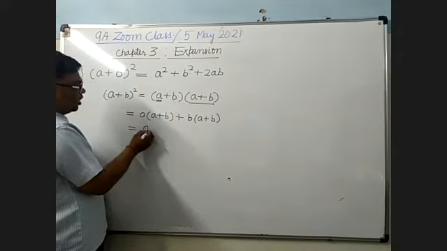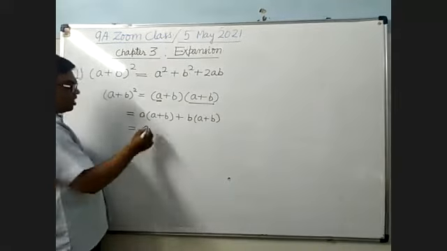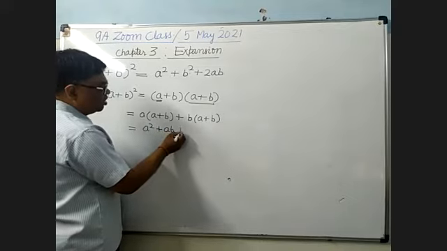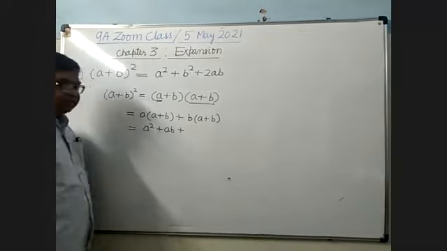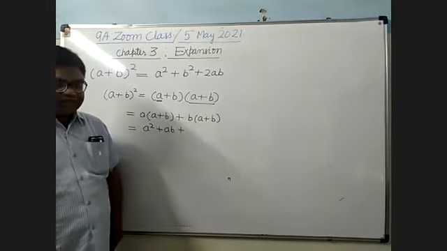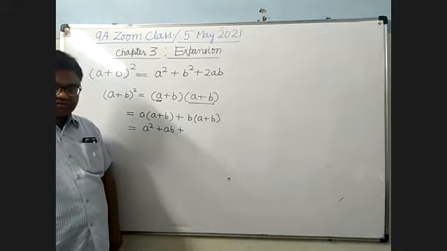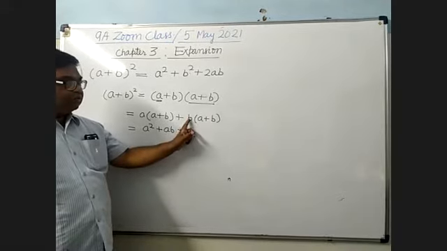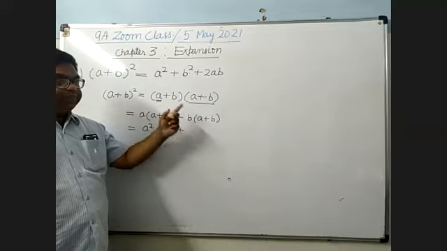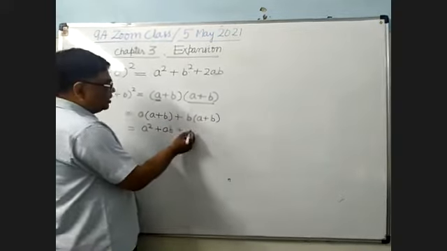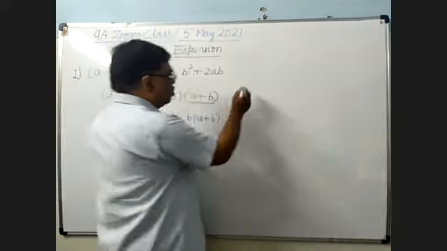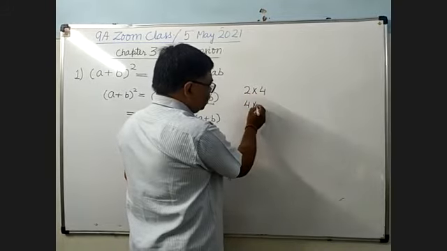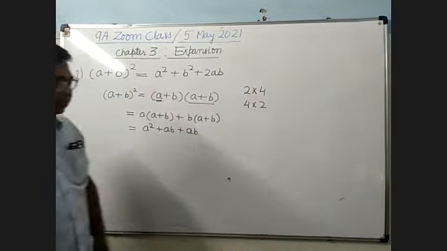So it will be a into a on opening the bracket, a square, a into b, ab, b into a. What will be b into a? It will be ba, but we can write it as ab. क्यों? क्योंकि चाहे तुम 2 into 4 लिखो या 4 into 2 लिखो, both are same.